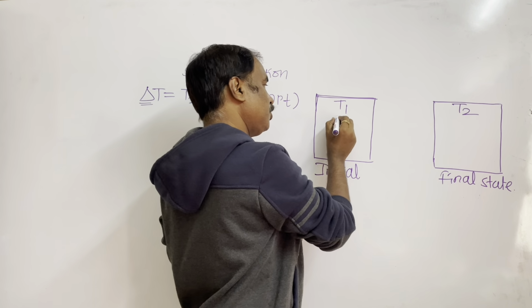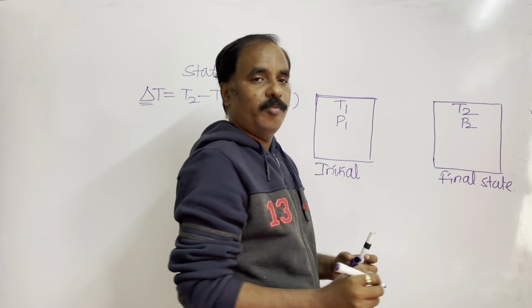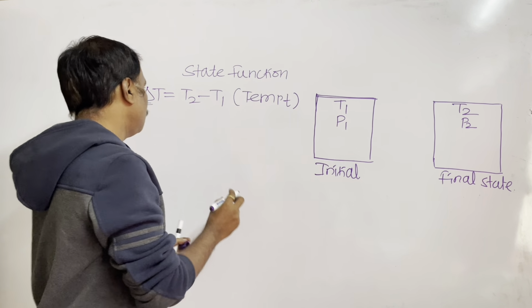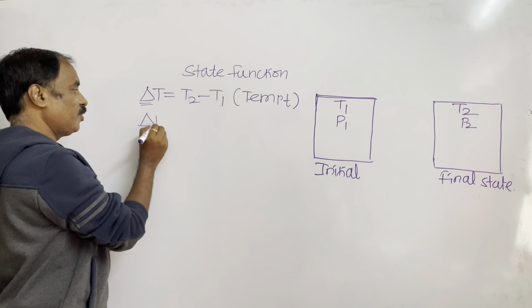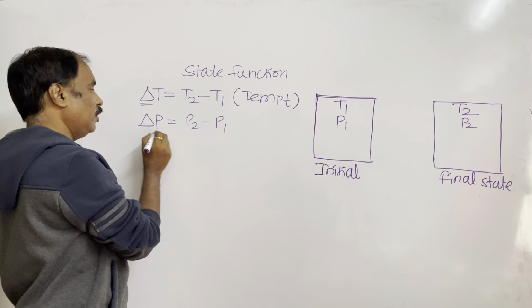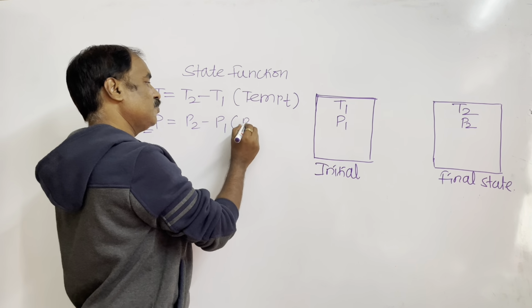Pressure क्या? Pressure P1, here it will be P2. Pressure भी उसके initial state और final state पे depend होता है. यानी suppose we have to calculate delta P, change in pressure, delta P is equal to what? P2 minus P1. Again ये delta क्या indicate करता है? A state function है. And pressure is also state function.